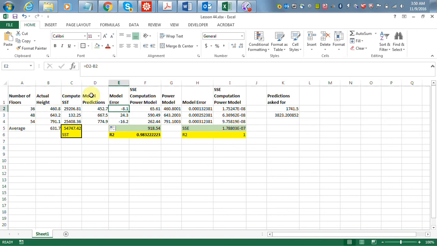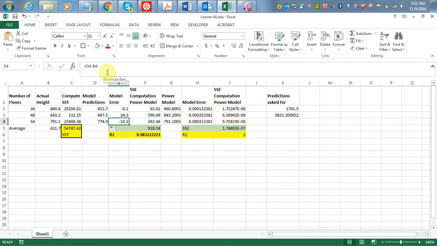This is the actual height. These are my model predictions. D2 minus B2 gives me the error between the two. It has negative numbers in it and positive. That's okay. I just want to see it. And what that tells me is my worst error is in this one right here with x equals 48. But I just like to see that because I want to see right away if my model's unreasonable, and I kind of eyeball test it and check it.